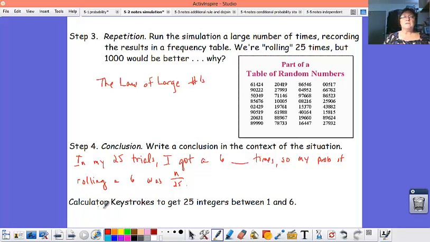The same thing can be done using your calculator, and some of you will remember that's how we did this at the start of class. The calculator keystrokes to get 25 integers between 1 and 6.